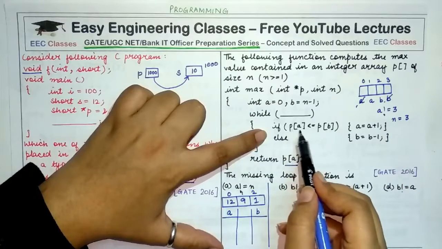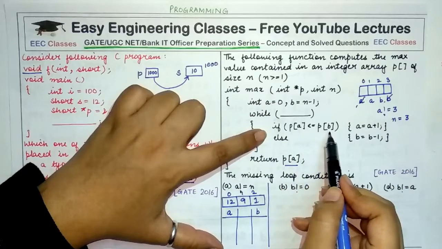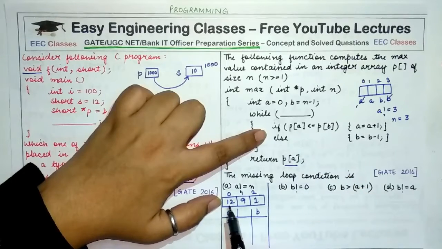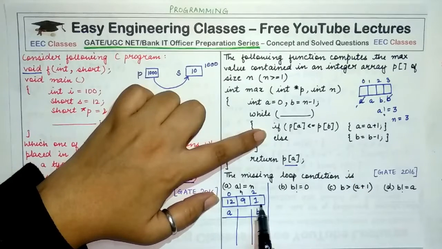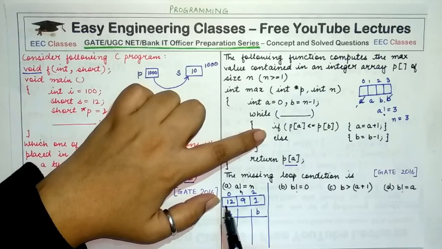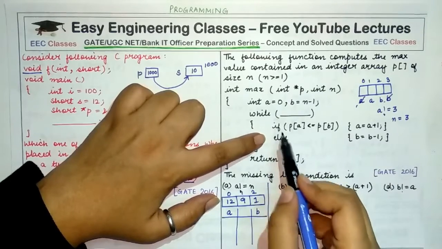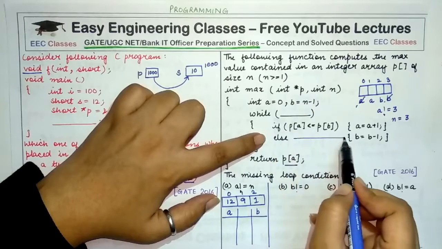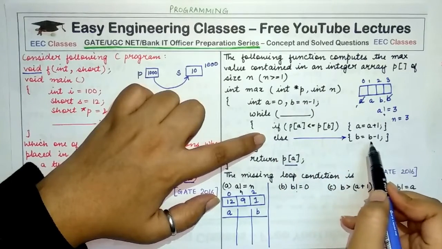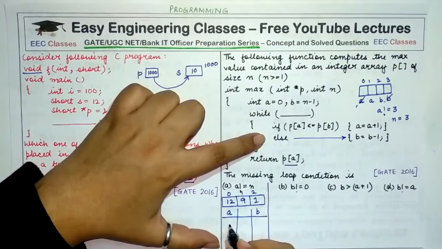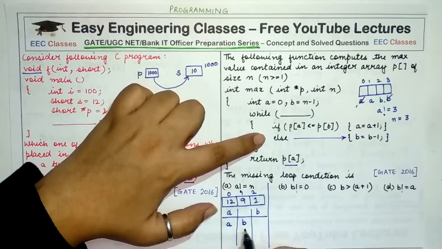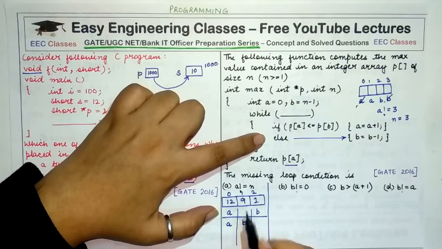Value at a is 12 and at b it is 1, and 12 is not less than 1, so we'll enter the else branch and execute b equal to b minus 1. So in the next iteration, a would be 0 and b would be decremented to 1.